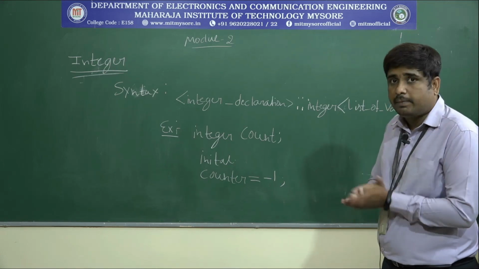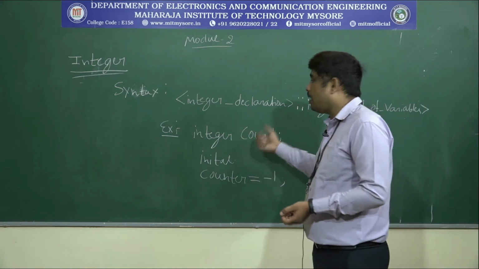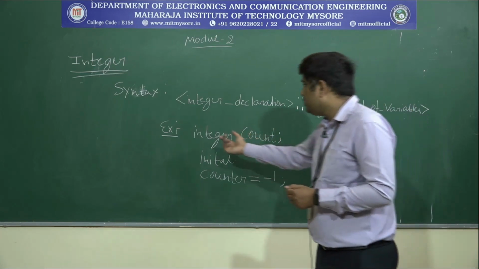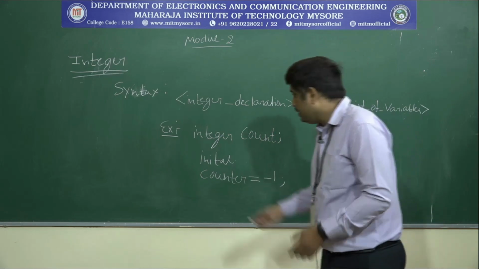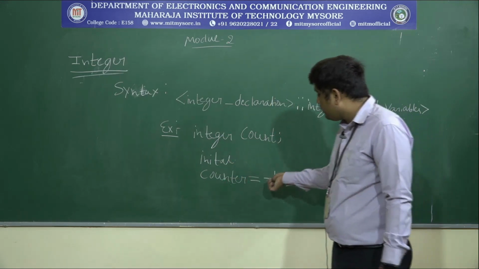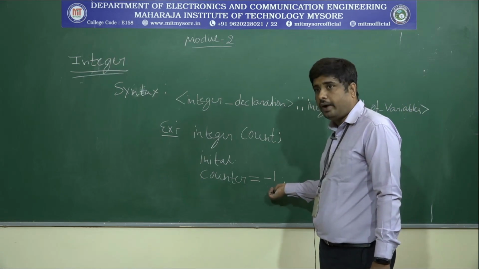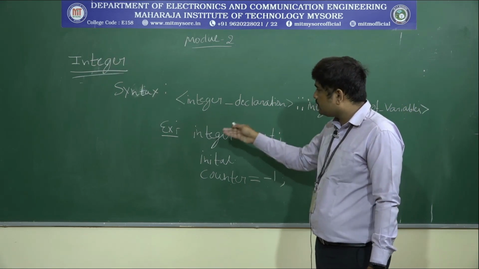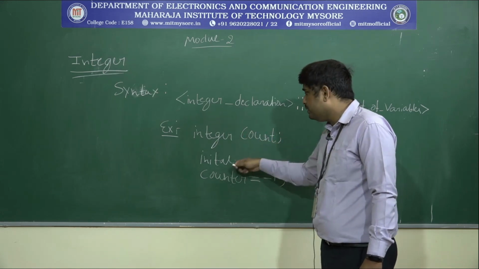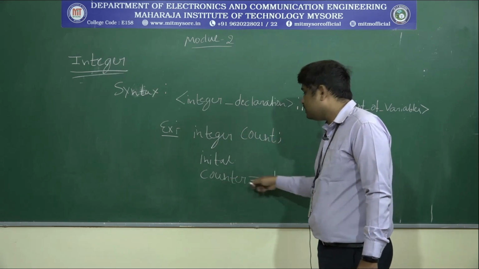Let us take an example for integer. Integer count, but we have not mentioned the count value. So we simply wrote integer count, then initial count is equal to -1. So it indicates it is possible to mention a negative value. Suppose in terms of register count you mention initial counter is equal to -1.